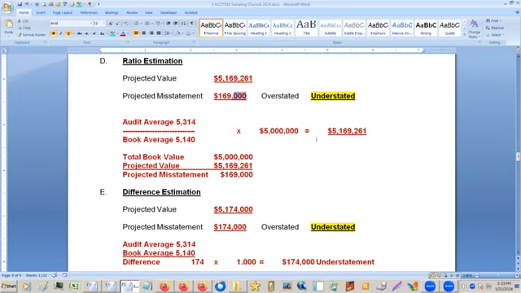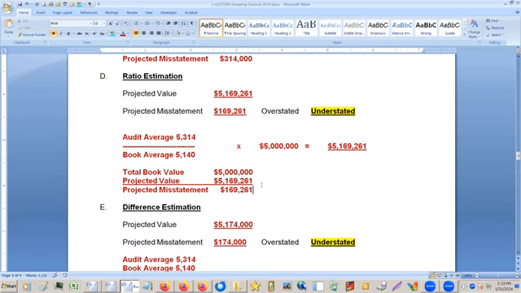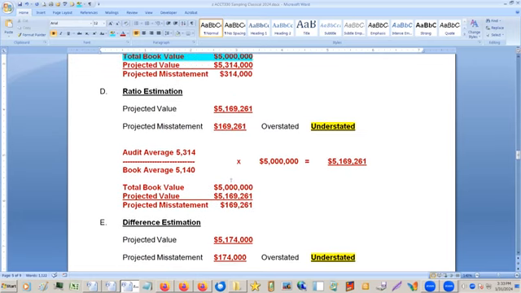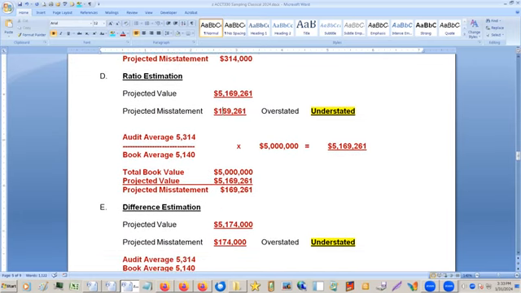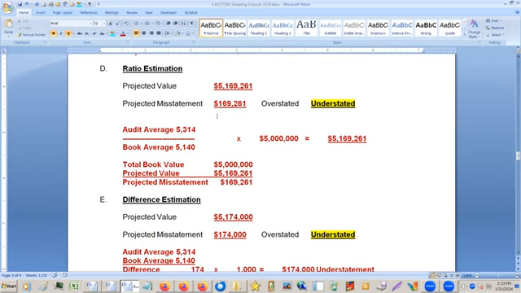What did I do here? Hold on. Down here too, I rounded off to the nearest thousand. I guess that's not so bad, but anyway, this would be the projected misstatement. Again, if you took a screenshot earlier, maybe take another screenshot.